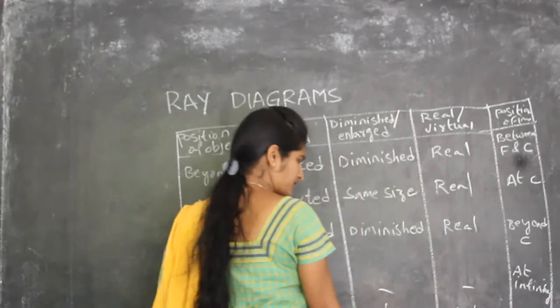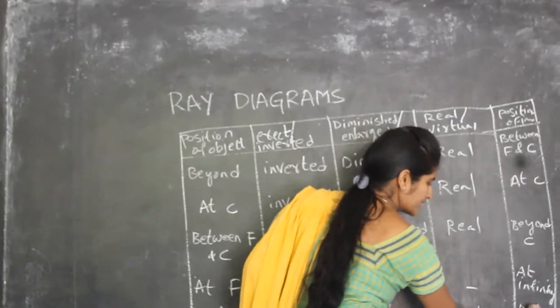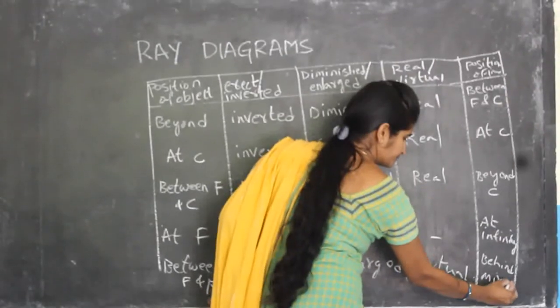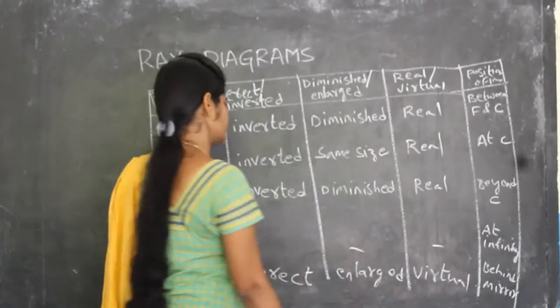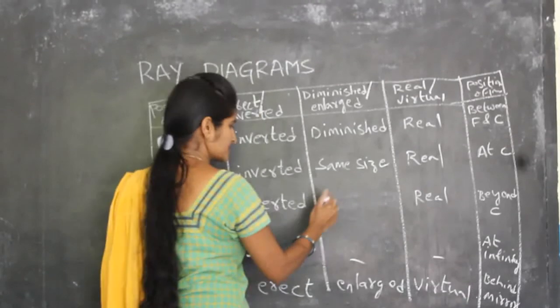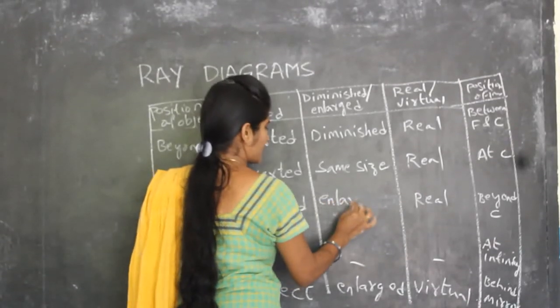Next, between F and P, it was behind the mirror. See here, it's a correction: between F and C, the image will be enlarged.